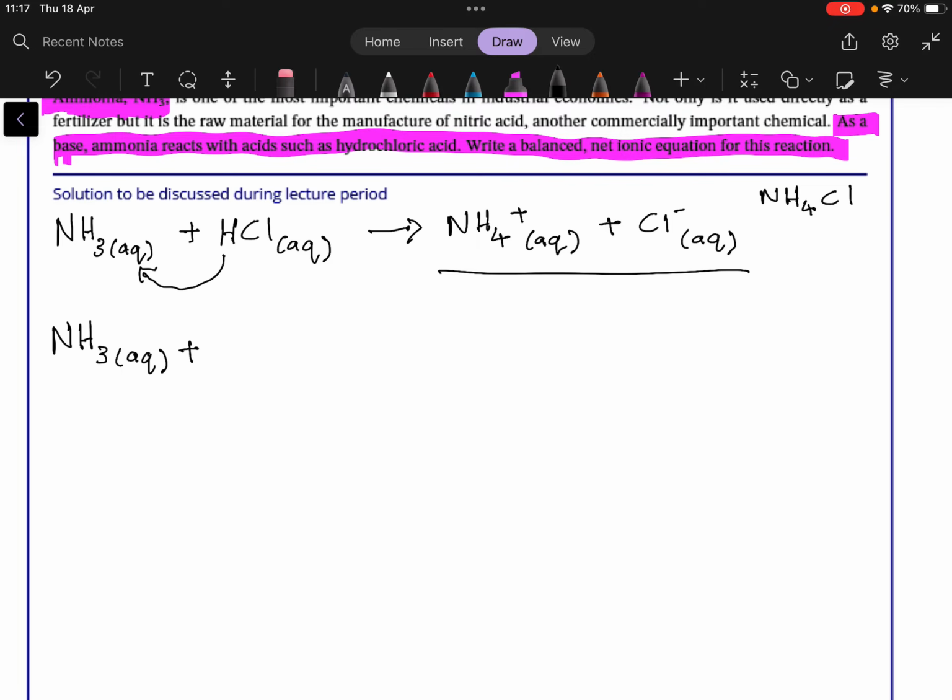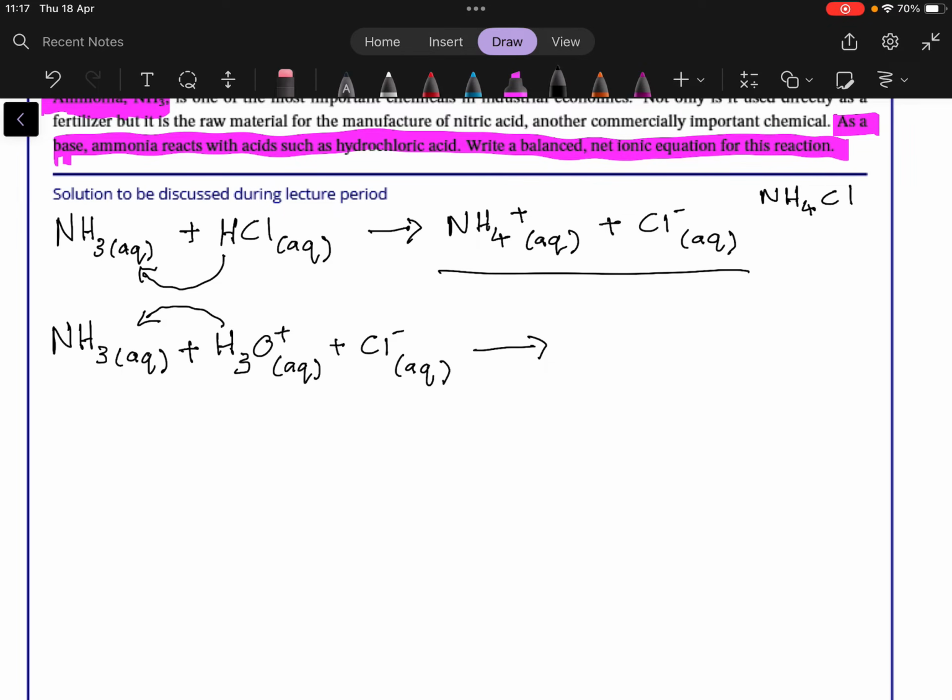Well, that's going to pop out by remembering that HCl splits into hydronium and chloride minus. And that then forms, so here goes the hydrogen, goes there.